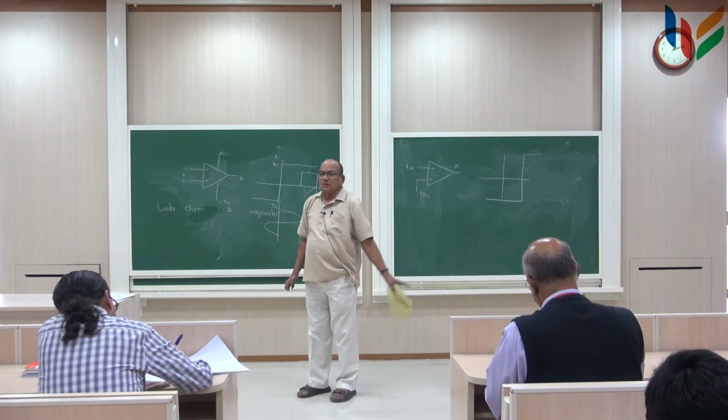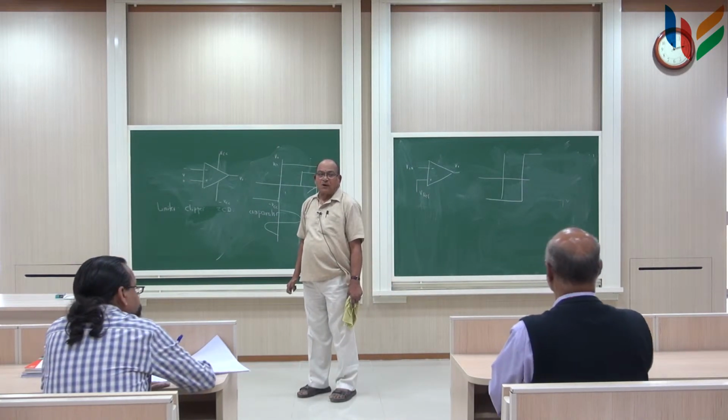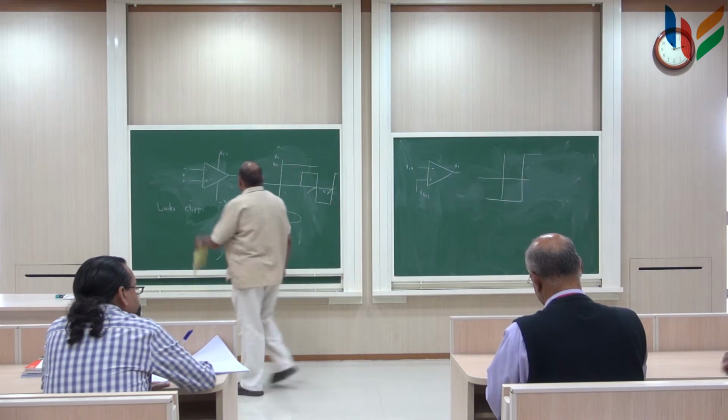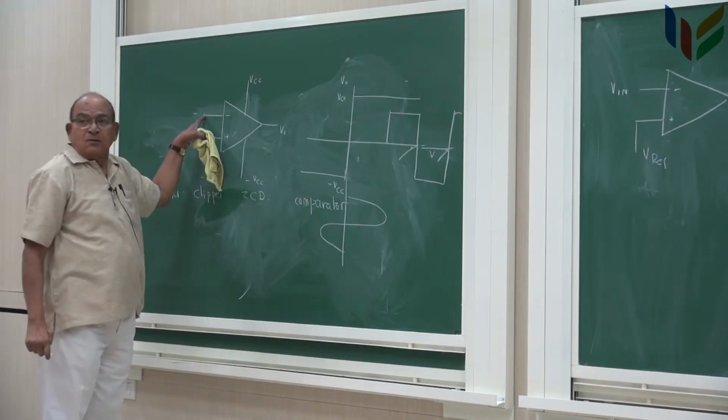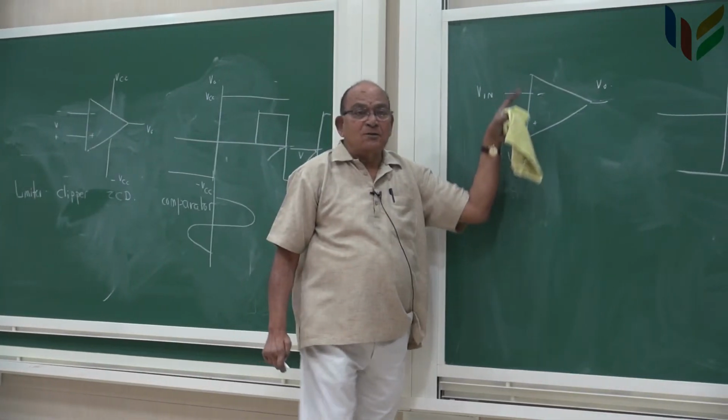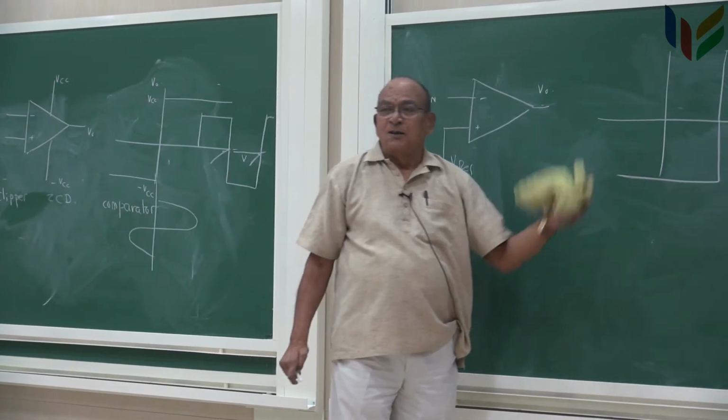Other way around or this way, is it correct or not? Here V in is put with respect to minus, and here V in is put with respect to plus. So, this characteristic must be other way around.